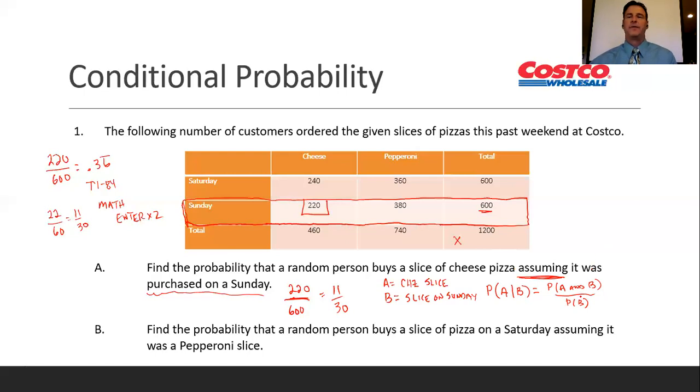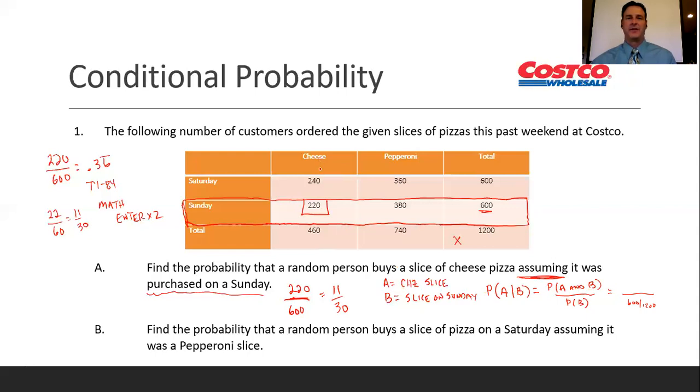Okay, and so if I think of what P of B is, that's the probability of buying a slice on a Sunday. Well, there's 600 people who bought a slice on a Sunday out of 1,200. I'm not going to reduce, and I'll show you why in a second. And the probability of A and B, meaning you have to satisfy both a cheese slice and a Sunday slice.